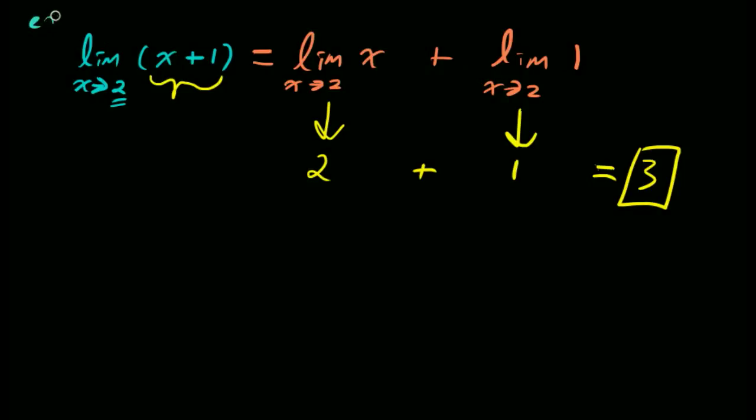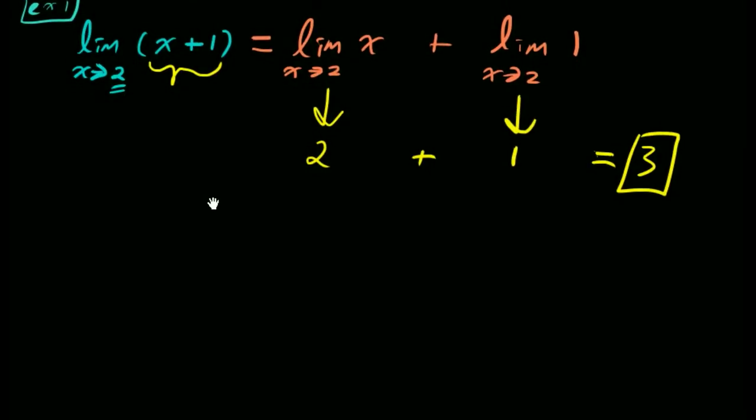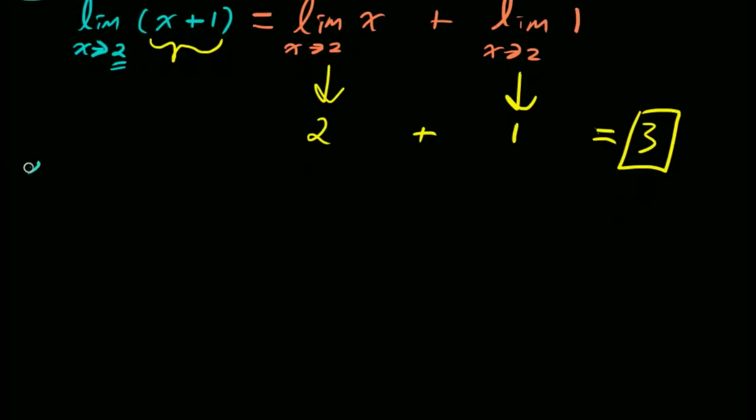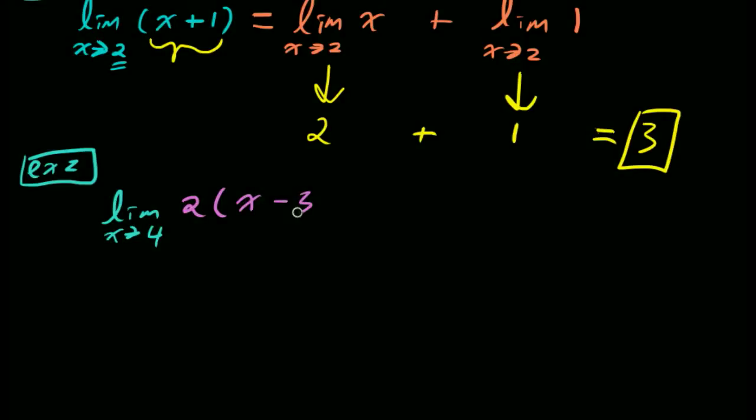Just write ex1 up there. Let's go ahead and do a second example. Example 2. In this example, we're going to take the limit as x approaches 4 of the function 2 times x minus 3, let's say.